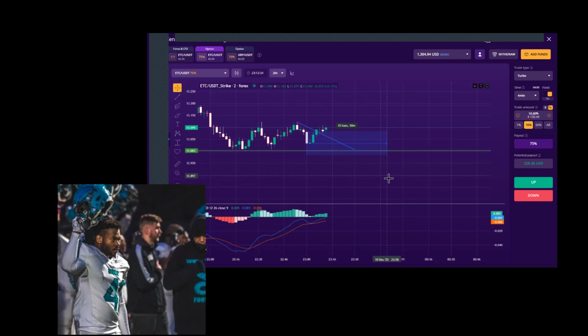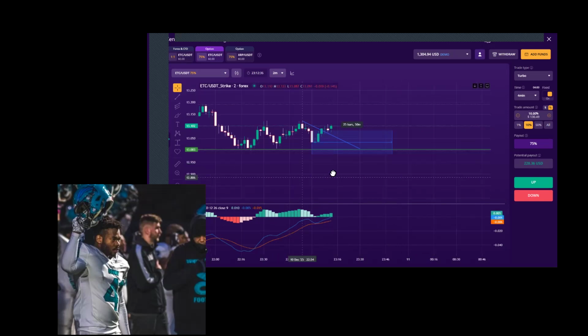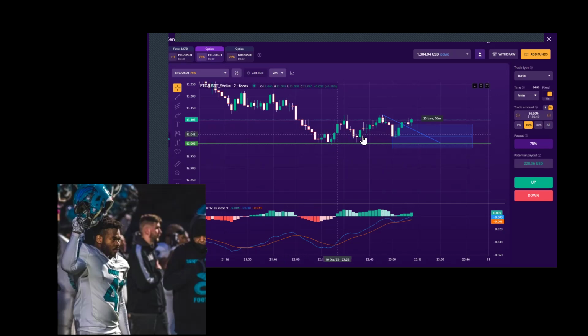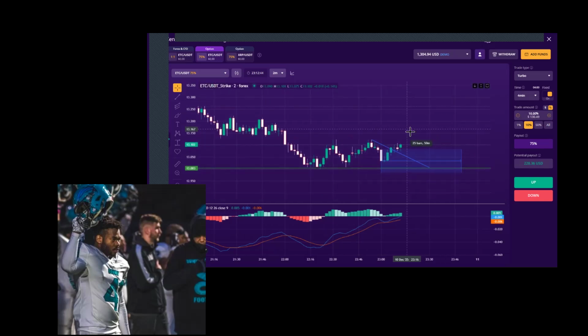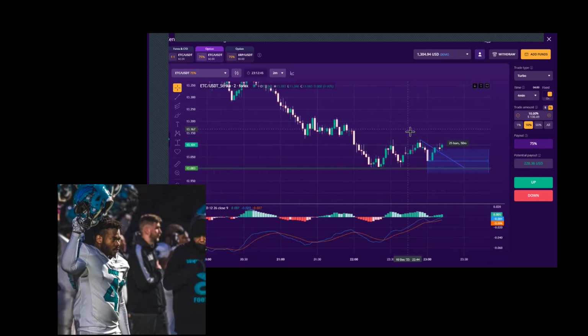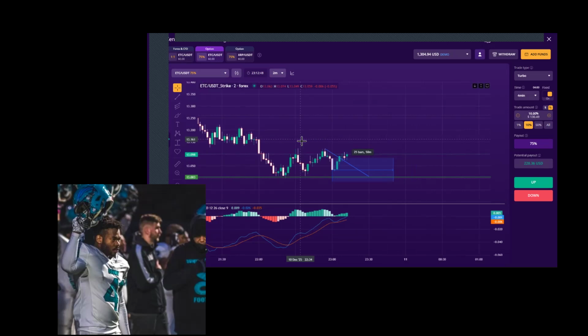But at the same time, price did come down and hit it, so it could potentially be on its way up as well. It's always good to not force trade entries, because what if I go in for an up right now, and if I do, it's gonna be really short.